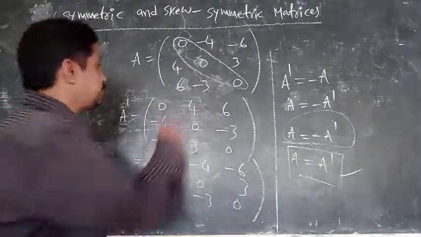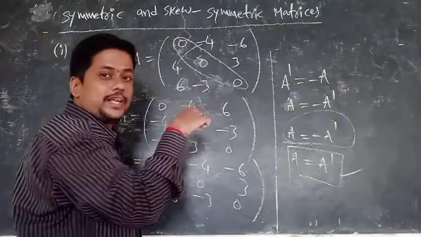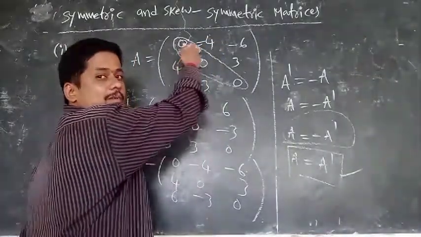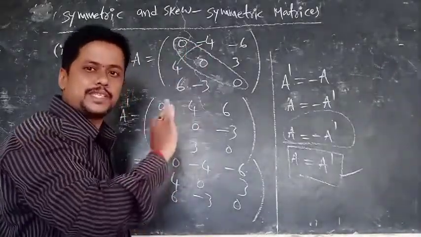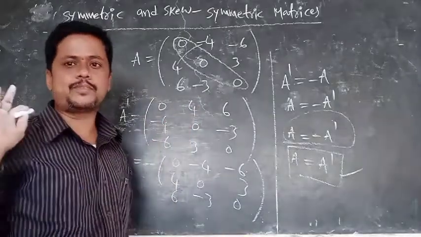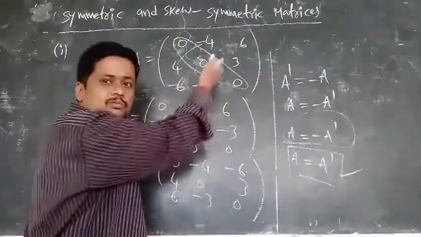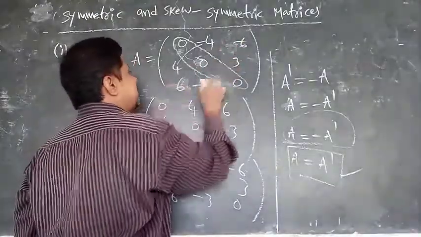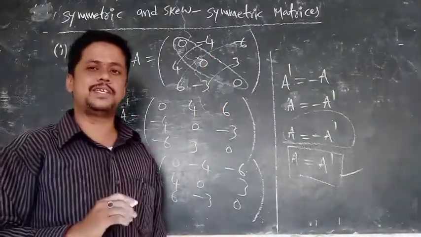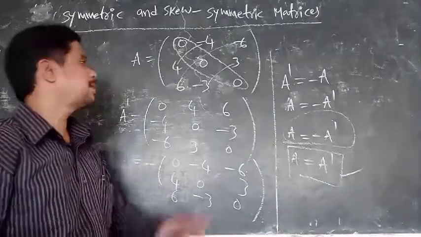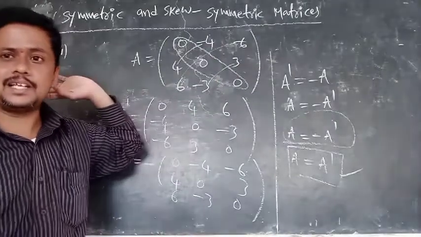In a symmetric matrix, these two elements are the same. But in a skew symmetric matrix, if this is 4, the other will be minus 4; if this is minus 4, it will be plus 4. Like 6 and minus 6, 3 and minus 3: same number, but the sign will be changed. Another condition is that the principal diagonal elements are 0.